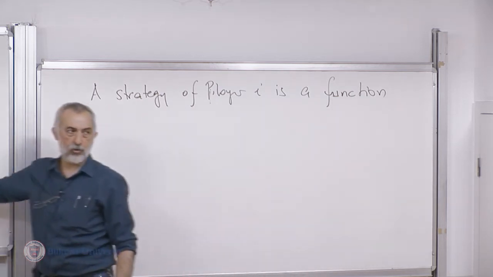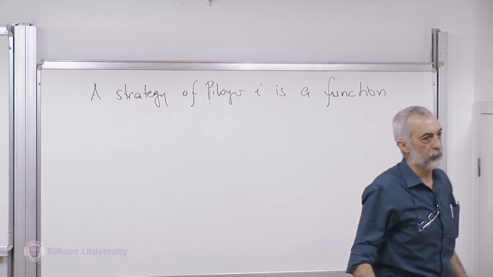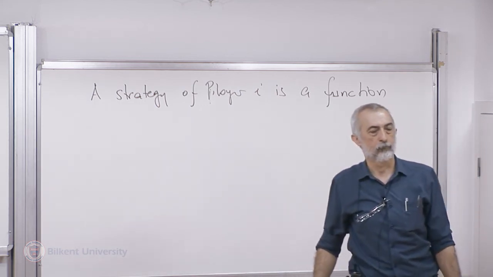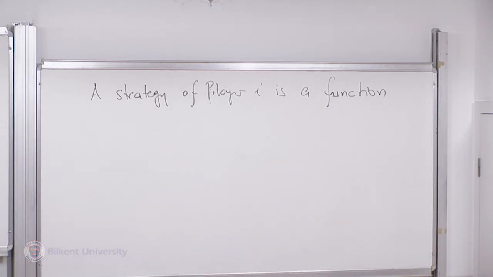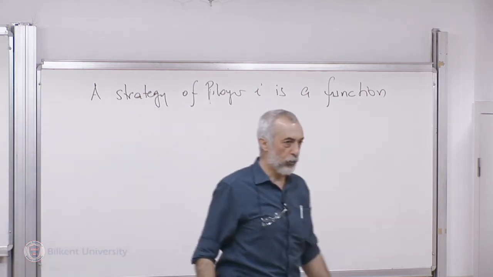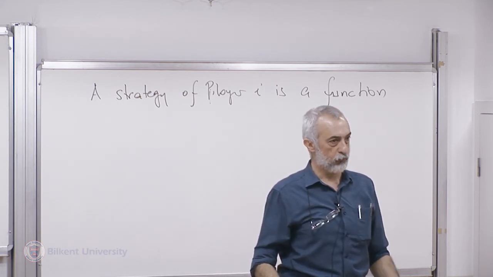A list is also a function. And what is the domain of the function? What is the argument of that function? What do we give as an input to the function? Information partition. So the domain is an information partition.